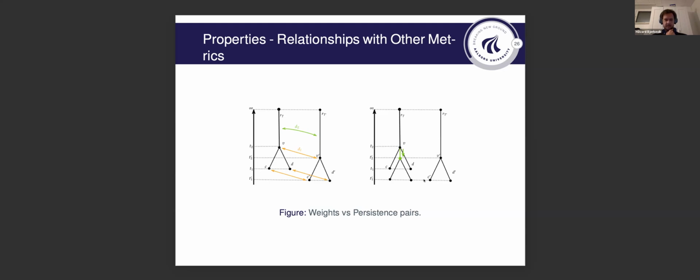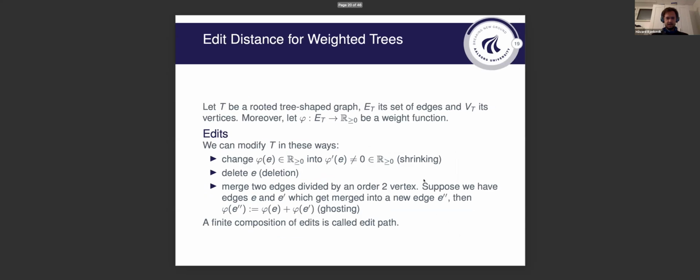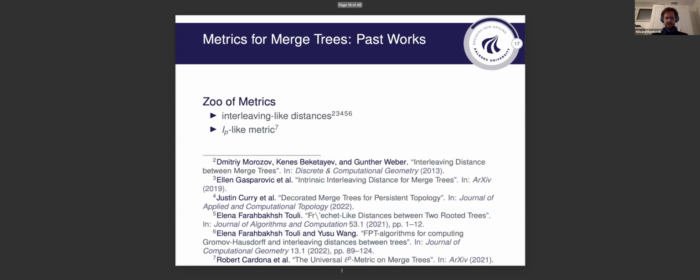That's interesting. And I think that's probably at least a partial answer to my next question. There's this paper by Cardona, Curry, Lam, and Lesnick about Wasserstein distances for merge trees. I'm not sure if you're familiar with that, but they define some. Yeah, that's the one.